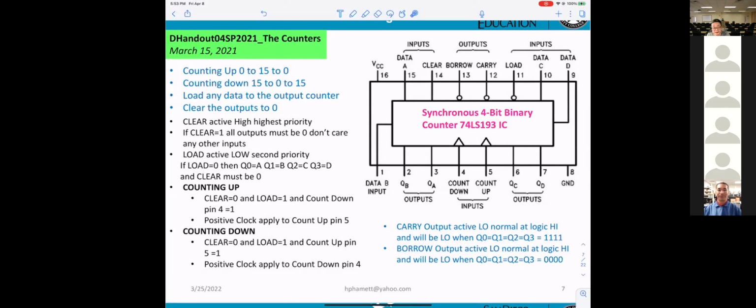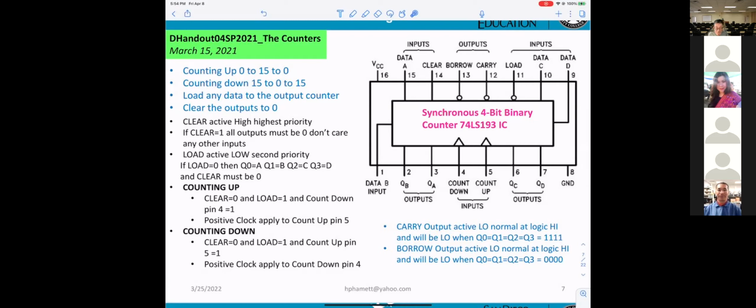So now I try to summarize. When you need data, just go to Google, type in 74LS193, and it will give you the information you need to know. If you're looking at this IC here, how many pins? 16.